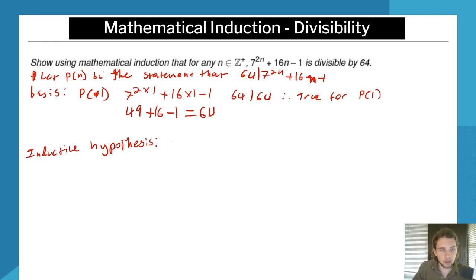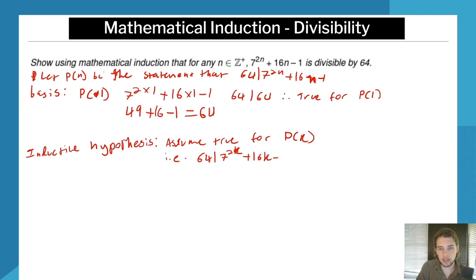So we're going to assume true for Pk, i.e. 64 divides 7 to the power of 2k plus 16k minus 1. Now, with this inductive hypothesis, with divisibility, we can write the same form that we did up here for n, but we can also write this same statement in a different form that's much more helpful to us.